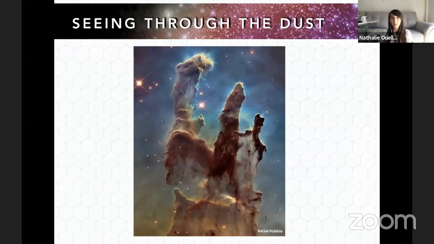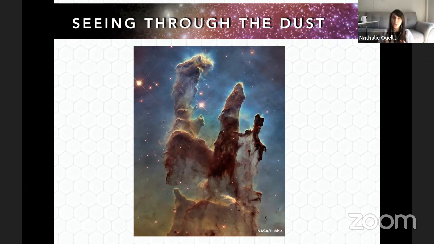I mentioned dust and how it blocks out visible light. So here you have the Pillars of Creation, a very beautiful picture taken by the Hubble Space Telescope, and it shows a bunch of dust that is blocking out lots and lots of information here. I think it's a really fascinating thing to compare different objects seen in different kinds of light.